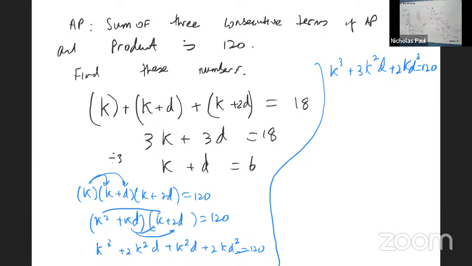All right. What do we do now? What are we going to do? Write a little bit neater. K cubed plus 3K squared D plus 2KD squared is 120. What are we going to do when you reach there?